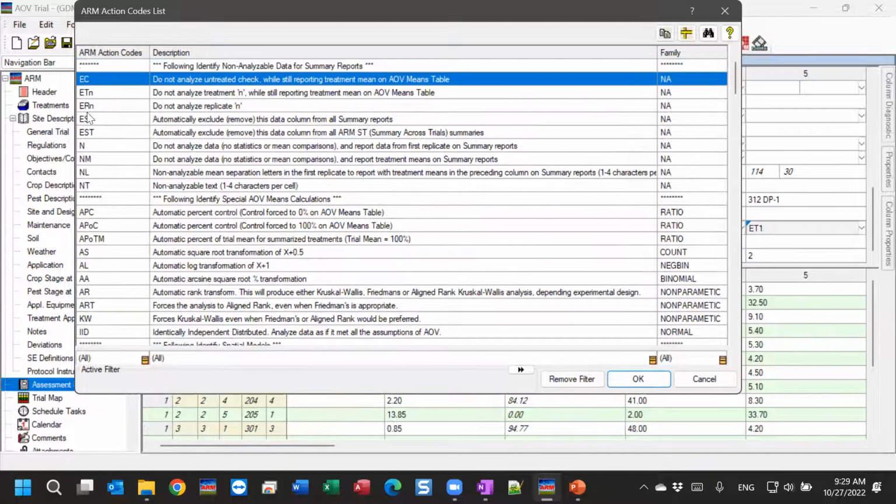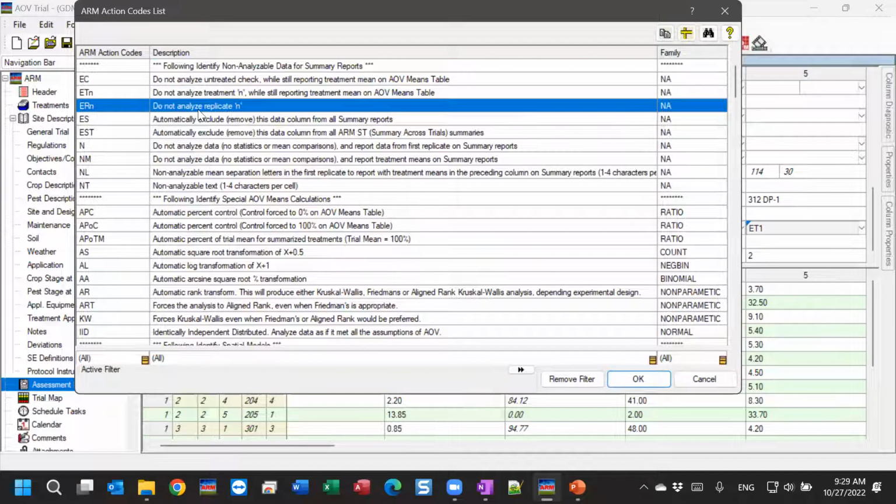You can do something similar for replicates. If something went wrong in a particular replicate, you can put in an ER, and then ER2 if replicate 2 should be thrown out, and you can do that per specific assessment.